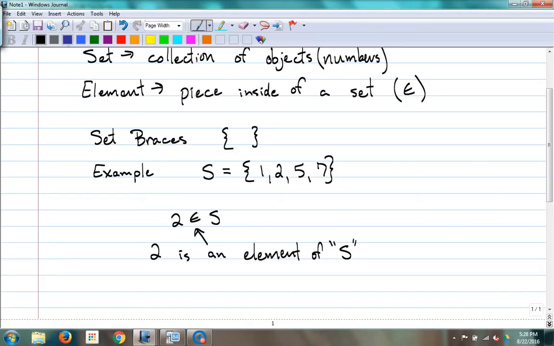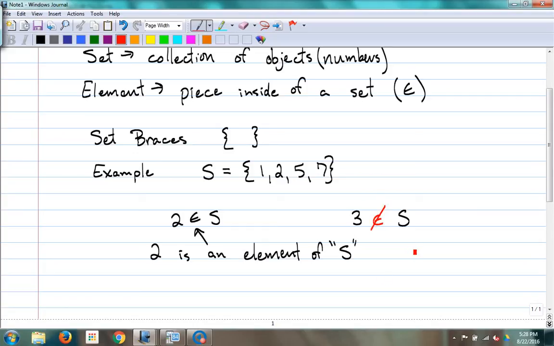Now, what about the number 3? Is it in that set? No, it's not there. So it's not an element. So the notation for not an element is to take the epsilon and then put a slash through it. Cross it out.